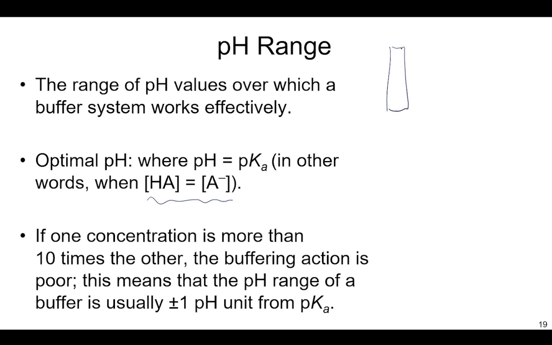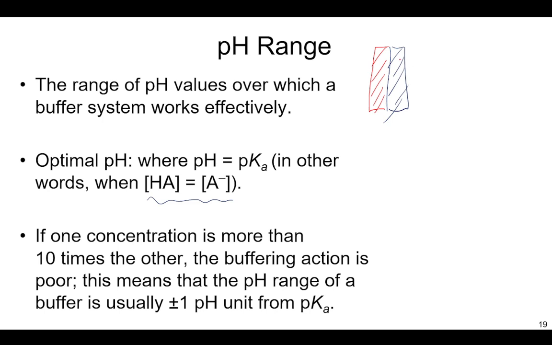We talked about visualizing the amounts of your acid here, which maybe is in red, and the heights of your base in blue. So both of these are maybe 1 molar or something.